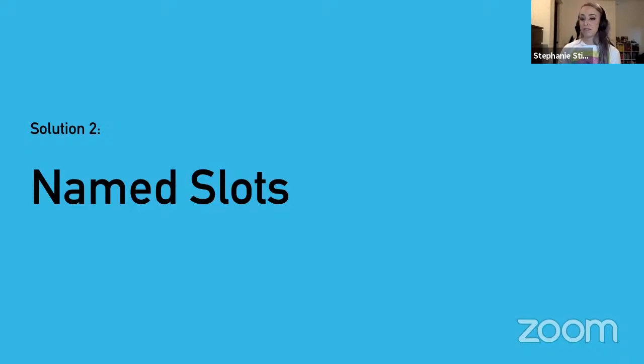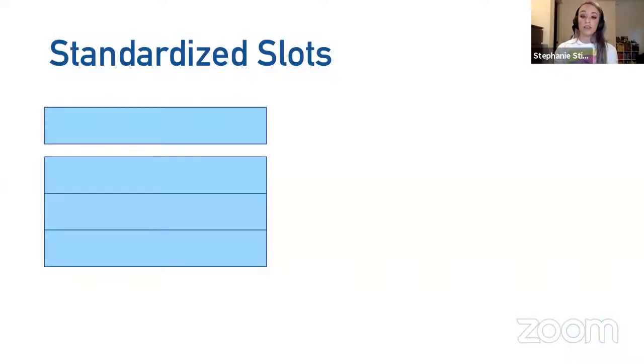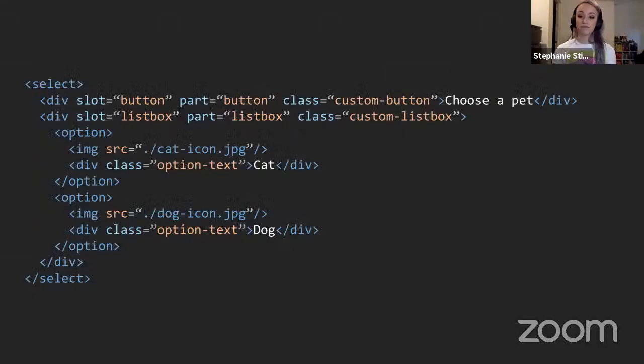Our second proposal enables more powerful customization of controls and content with something called named slots. A set of slot names will correspond to each piece of the control's view that a developer might want to replace with their own content. In the case of select, we would have a slot equals button and a slot equals list box.